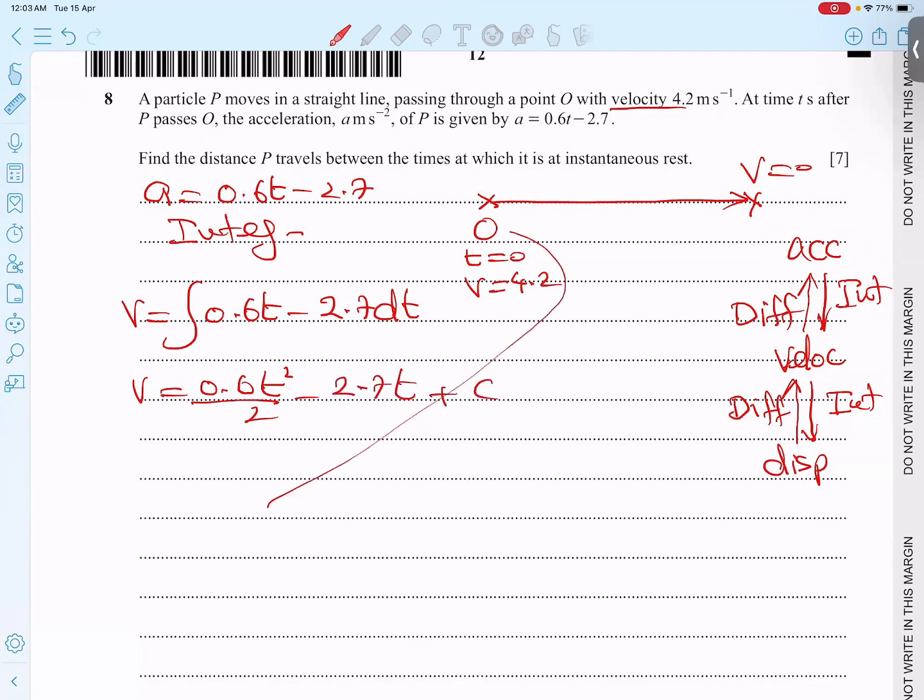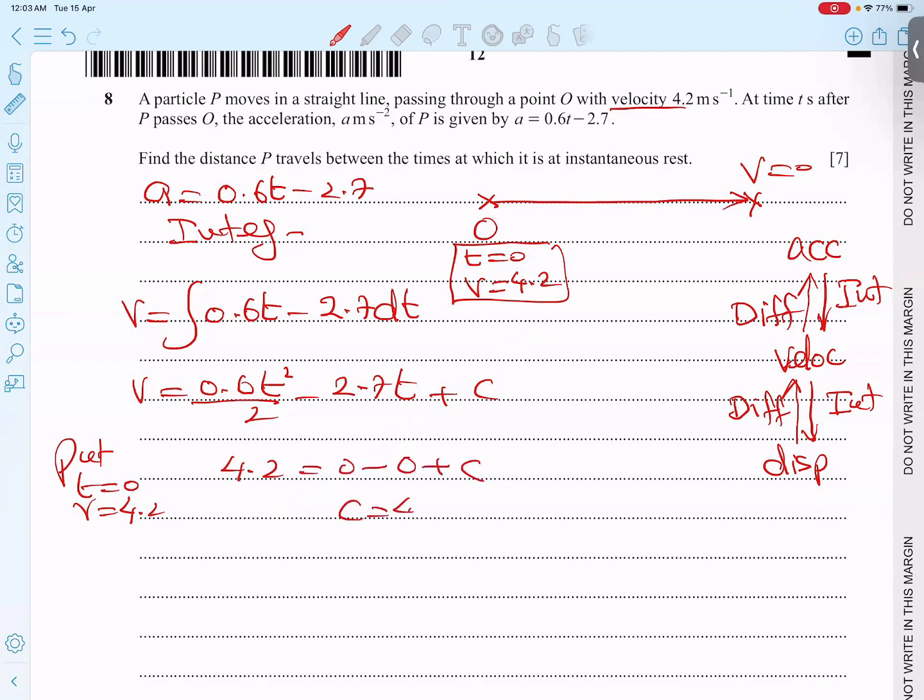I will plug in this data, which is very important. I put time 0, velocity 4.2. So 4.2 is 0 minus 0 plus c. So c becomes 4.2. And the final equation, if I divide them, I get 0.3t squared negative 2.7t plus 4.2.